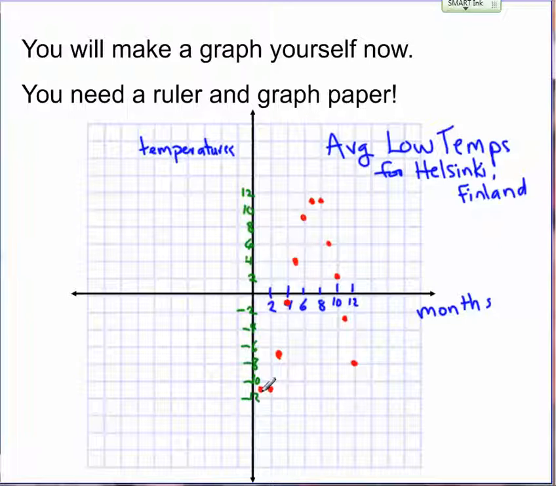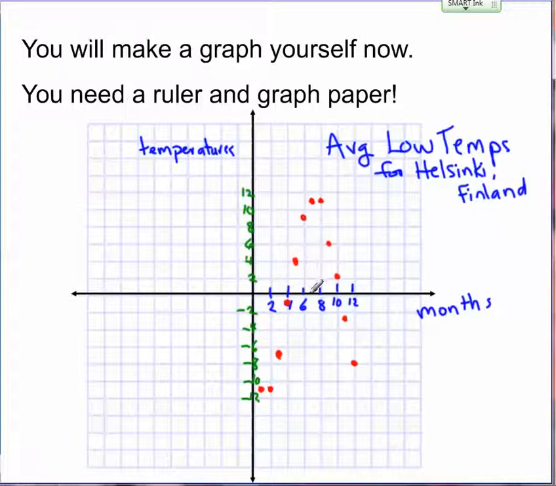So this first red dot represents January, the first month's temperature. The average low temperature was -11. February, the second month, was also -11. The third month, March, was -7. The fourth month was -1. The fifth month was 4 degrees. The sixth month was 9 degrees.